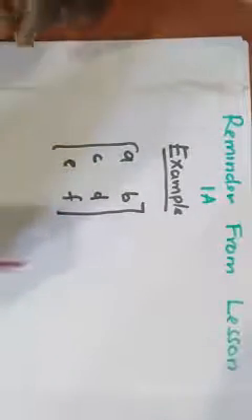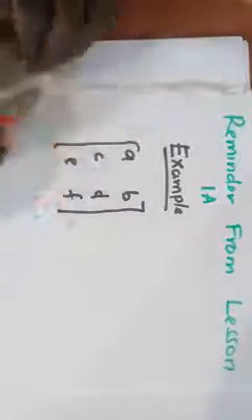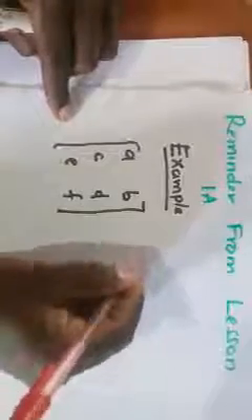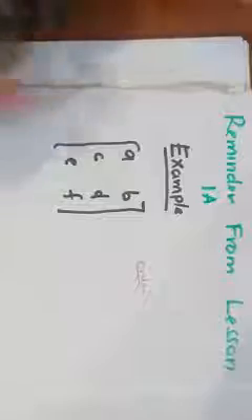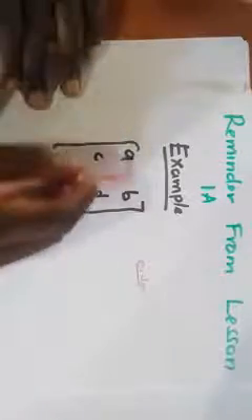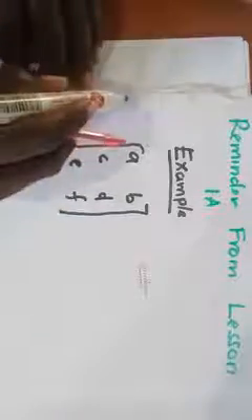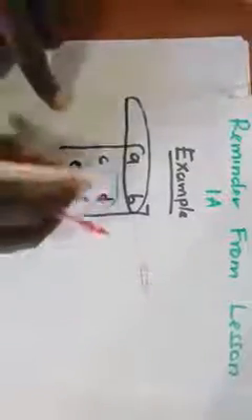Therefore, we went further yesterday in our lesson number 1A to look at the order of a matrix. We categorize these matrices in terms of orders. The horizontal arrangements we were calling rows.